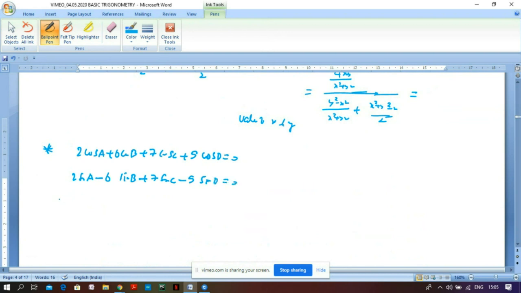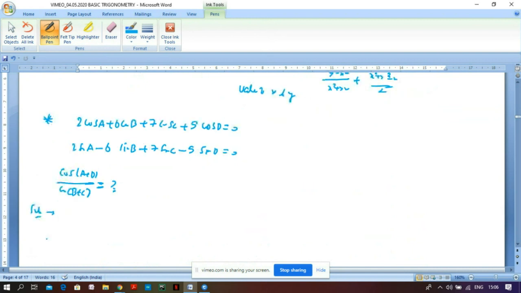This is given, and you want cos of (A plus D) over cos of (B plus C). This you want, A plus D over B plus C. Let me rewrite this so that it looks better. And so you have cos of B plus C.